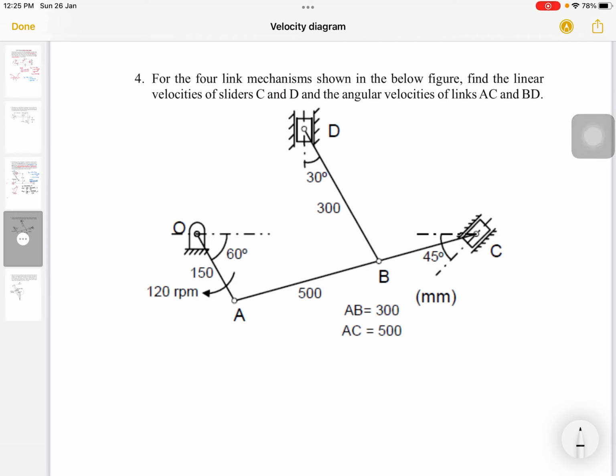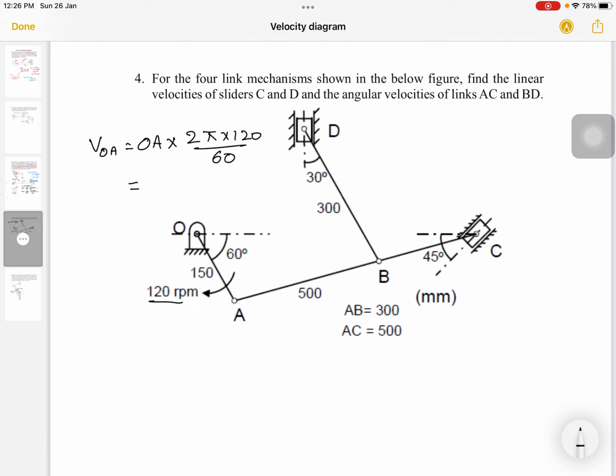In this video, we will solve one more problem on the velocity diagram by using the relative velocity method. First, we calculate the linear velocity of link OA, which is the crank in this case. Velocity of link OA is equal to OA into 2 pi n, where n is 120 rpm divided by 60.